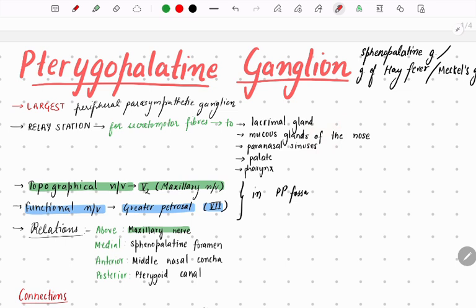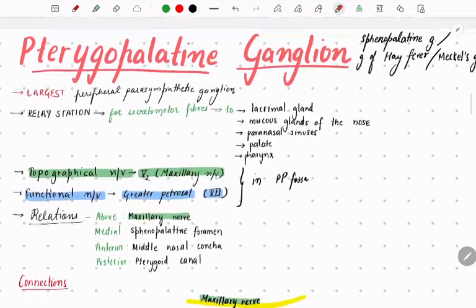So here the topographical nerve is the fifth, that is the trigeminal, and we need to further remember the maxillary division. Then the functional nerve is the greater petrosal nerve, which is the branch of the seventh nerve, the facial nerve. For this video, I will be highlighting the maxillary nerve in this green color.